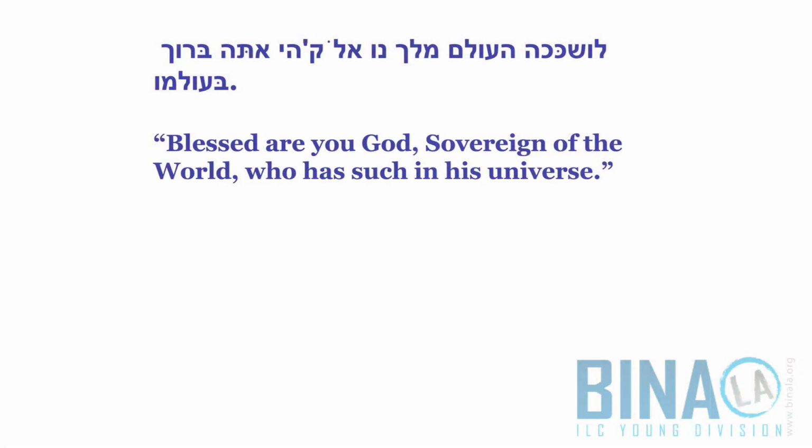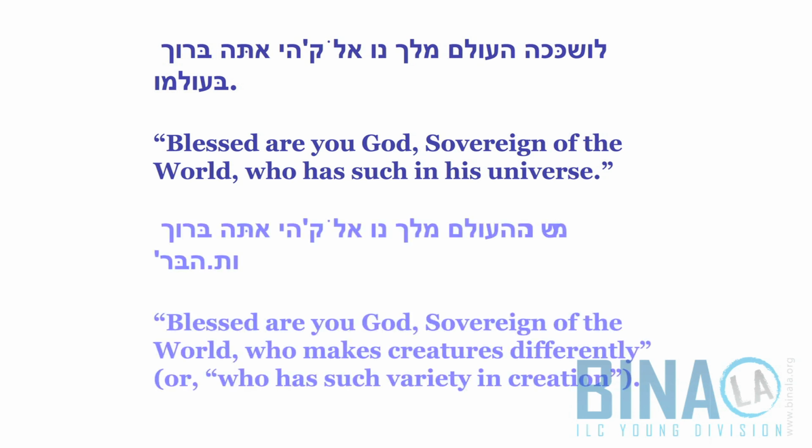There's this long tradition, right, within Judaism that has ideas about beauty and ugliness, despite our perception that there's been an avoidance of both because of the prohibition of the graven image in the second commandment. But actually, we have blessings for beauty and for ugly. So here's the first one. Blessed are you, God, sovereign of the world, who has seen such in his universe. Here's the second.